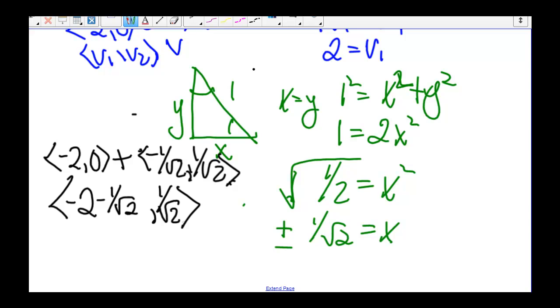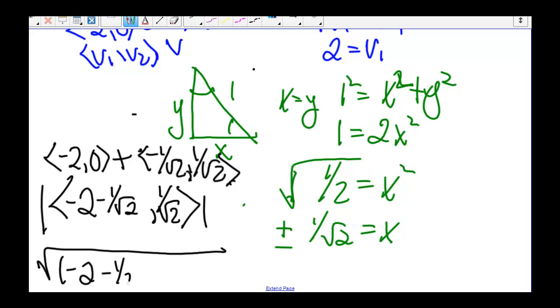And we need to find the speed. So we need to find the magnitude of this vector. So we have the square root of (-2 minus 1 over square root of 2) squared plus (1 over square root of 2) squared.